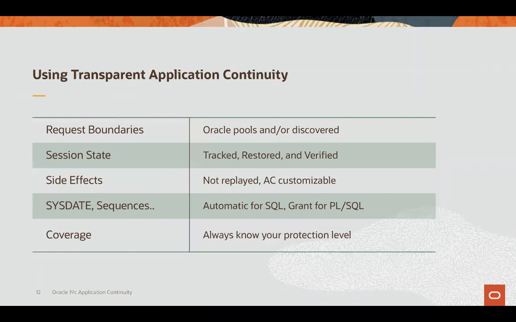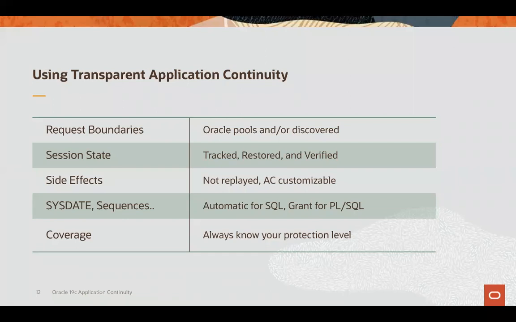Using transparent application continuity, we have to use Oracle connection pools, and this is all recommended. And then we have to track, restore and verify the session state. This is done basically by the database engine. With transparent application continuity, all side effects, for example, accessing a file on disk, as I said, or sending an email, or a PL/SQL block which cannot be replayed, are not replayed.